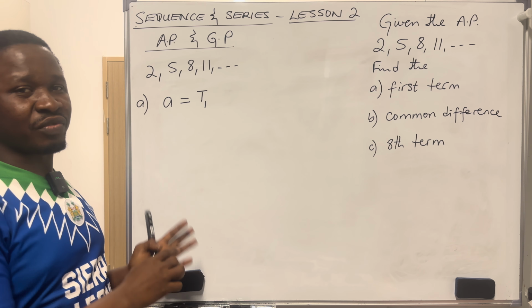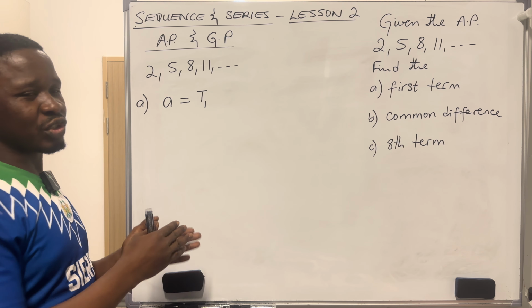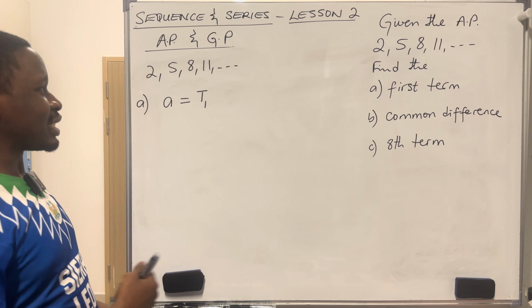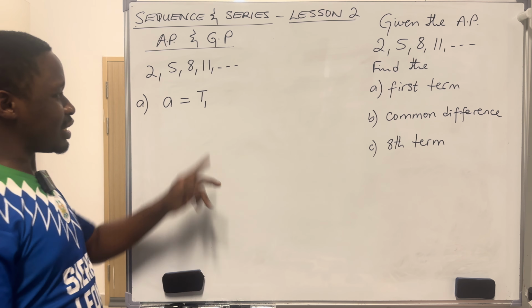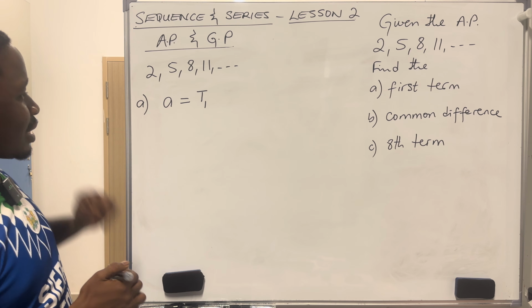They have unique letters. Otherwise, the first term is T1, second term is T2, third term is T3, and so on. The 20th term is T20. The 68th term is T68. But only the first term and common difference have unique letters. So the first term is A.